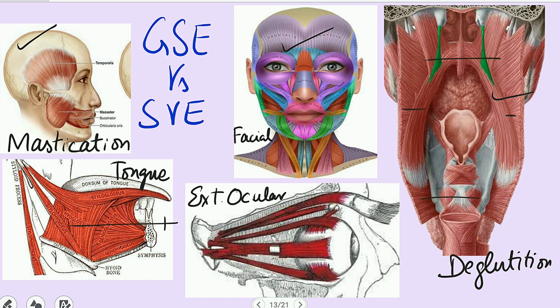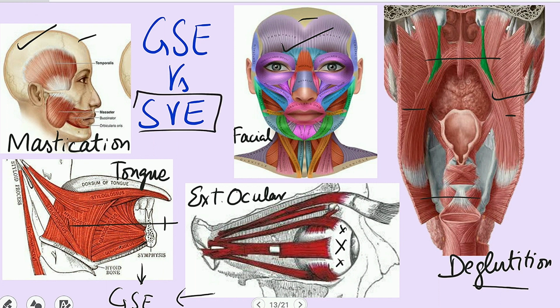And these are the muscles of the tongue for moving our tongue, and the extraocular muscles that move our eyeball. Among these muscles, only the muscles of the tongue and the extraocular muscles are the muscles of the general somatic efferent component. All other muscles of mastication, facial expression, and deglutition are the muscles of the special visceral efferent component.